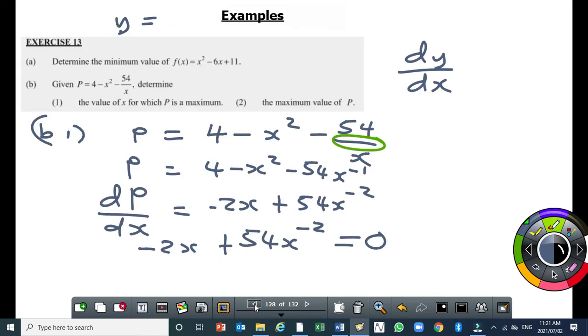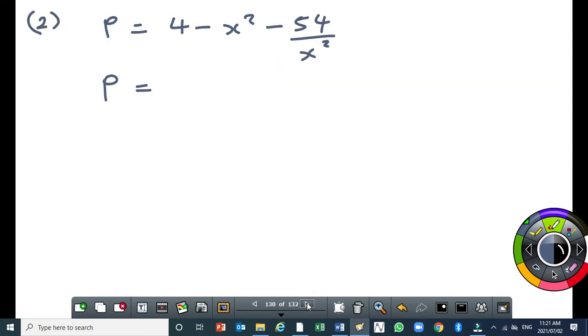I put x squared, it's supposed to be x. So it's a mistake that I made. So this will be p equal to 4 minus 3 squared minus 54 over 3.